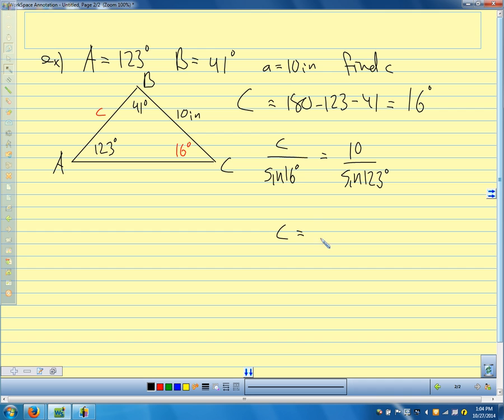So I get C equals 10 sine 16 degrees over sine 123 degrees. Plug that in my calculator. Just to be safe, I would put parentheses around here to make sure everything calculates correctly. And when I plug that in my calculator, I get approximately 3.29.